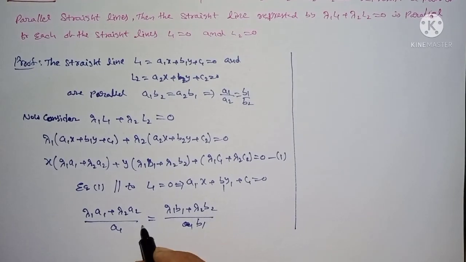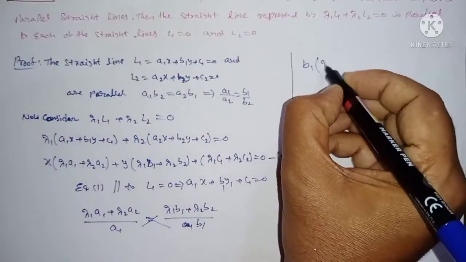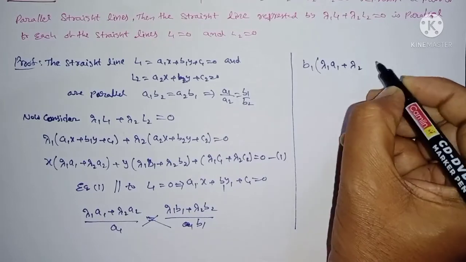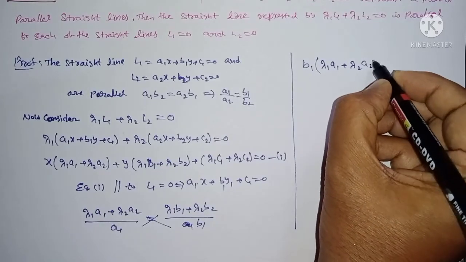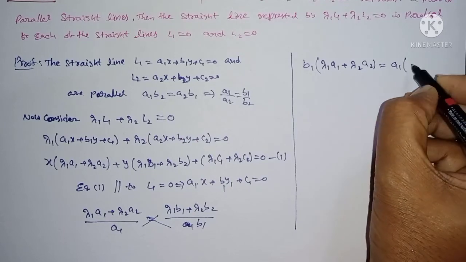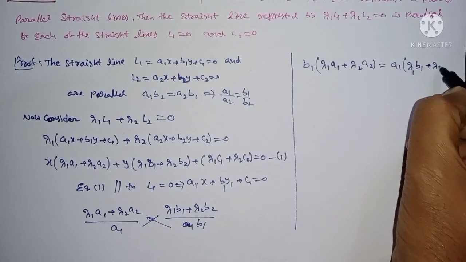Cross multiplying: b1 of lambda 1 a1 plus lambda 2 a2 is equal to a1 of lambda 1 b1 plus lambda 2 b2.